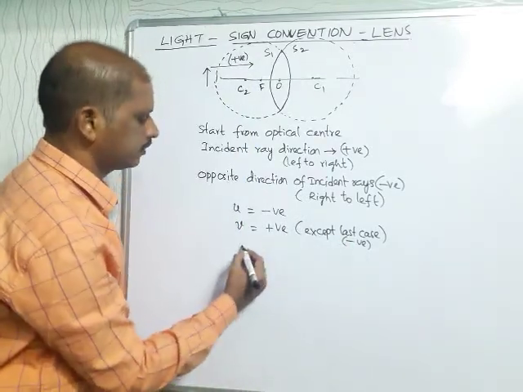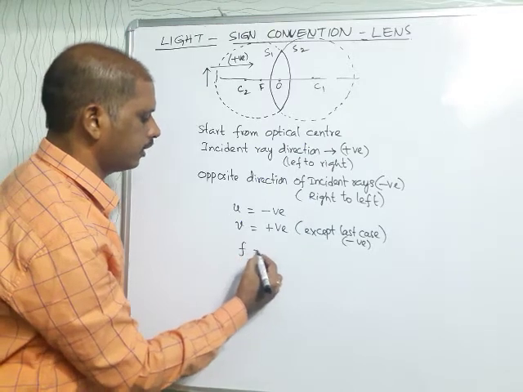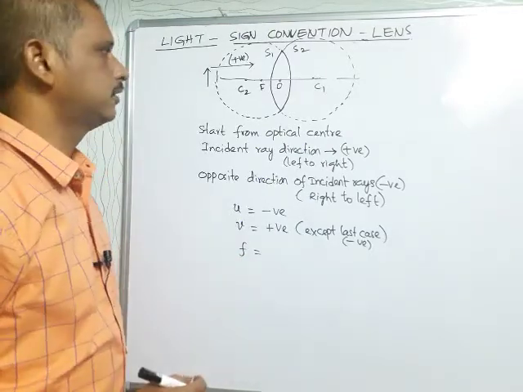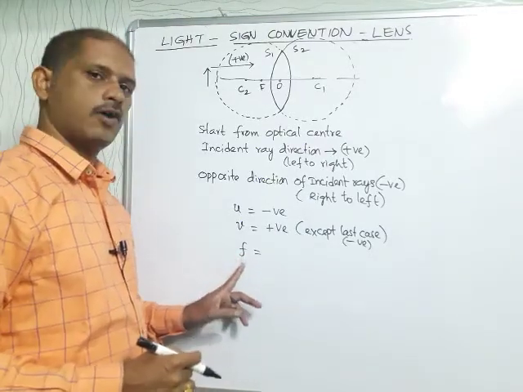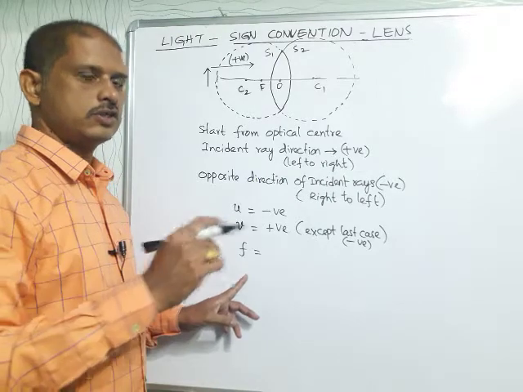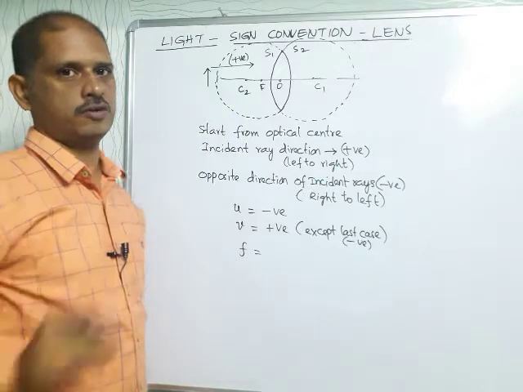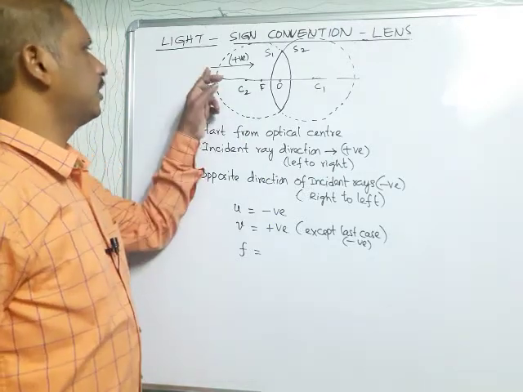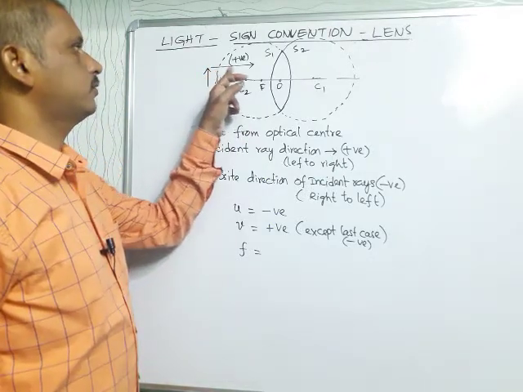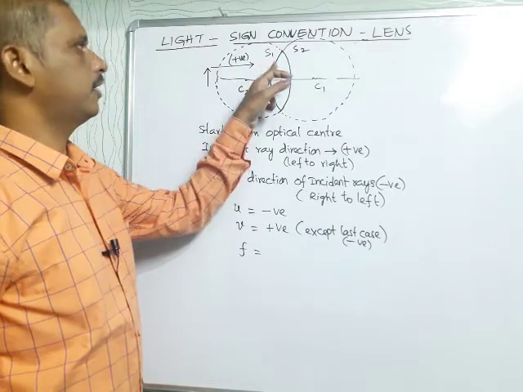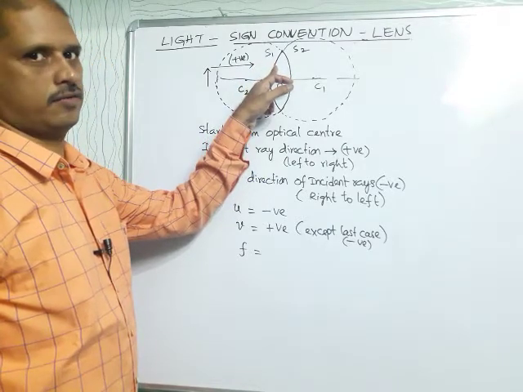Next, what about focal length? While taking the focal length, first consider which surface the incident rays fall on. The incident rays travel from here and touch surface 1.